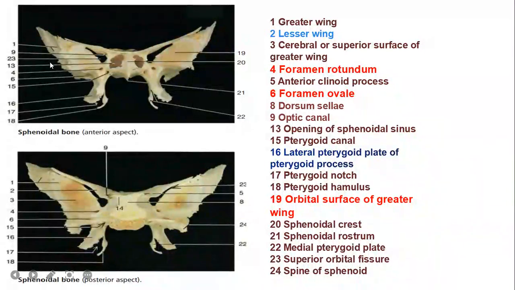Then 23 is the superior orbital fissure. And finally, the part labeled 24 right here is the spine of the sphenoid bone. This is the anterior aspect, this is the posterior aspect. So other specific structures can be identified from the anterior, while others will be identified from the posterior.